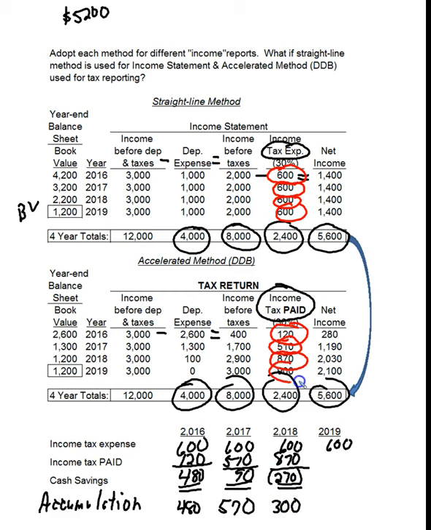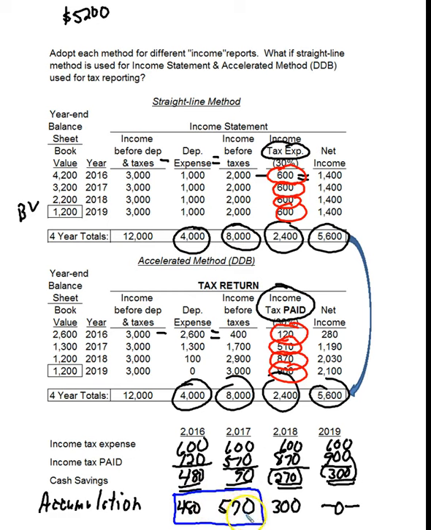The last year, cash payment is $900. Notice that we lose here $300. We pay more than our expense, and that nets to zero. So the interesting thing here is that we actually kind of have an interest-free loan.